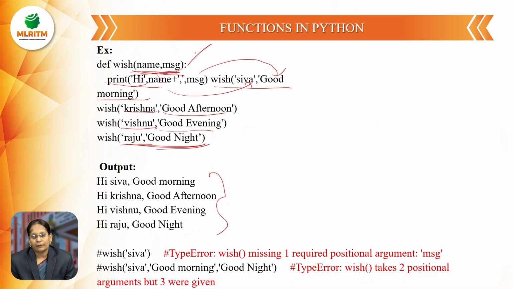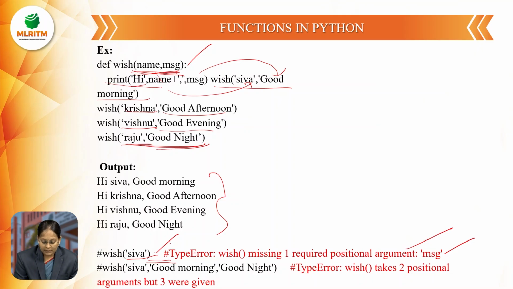If you call a function with 3 arguments or with 1 argument, then compulsorily it will give some error message. Here, example, wish Shiva. Shiva is a value for name, but there is no value for the message. That's why it says missing one required positional argument, msg.